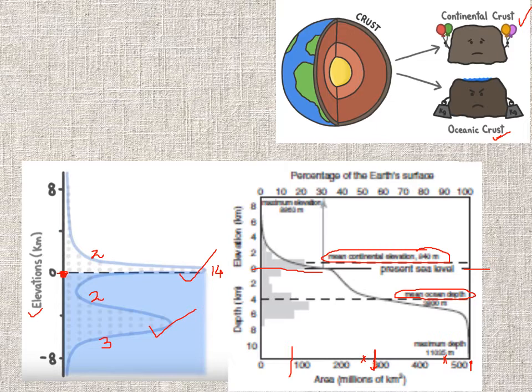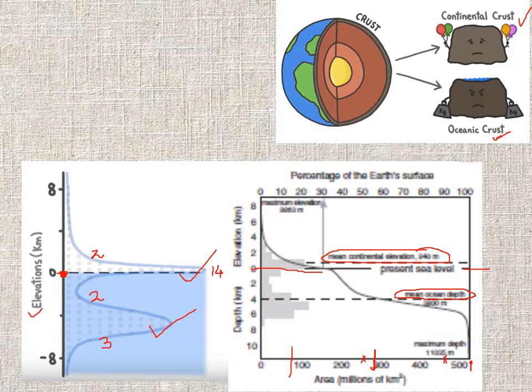Due to this different composition of earth crust in different areas, you get two different peaks. Now, both types of crust are thought to be floating over the mantle. Mantle, as we know, is a semi-viscous material.